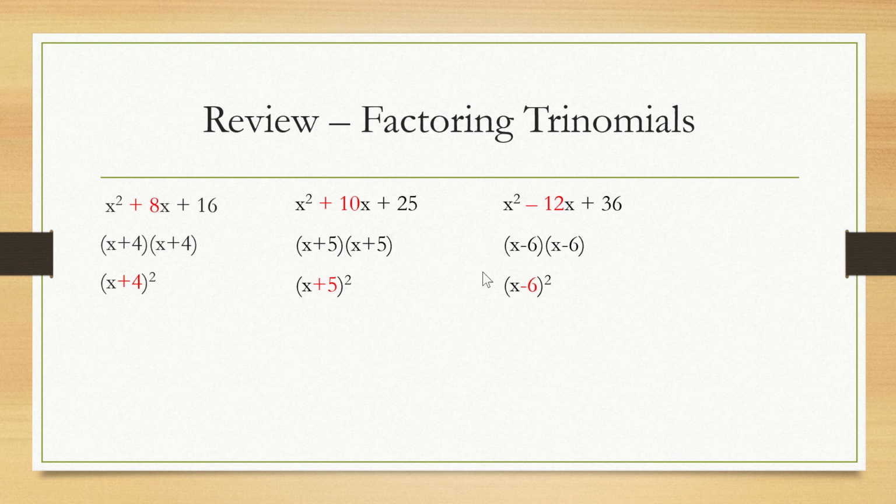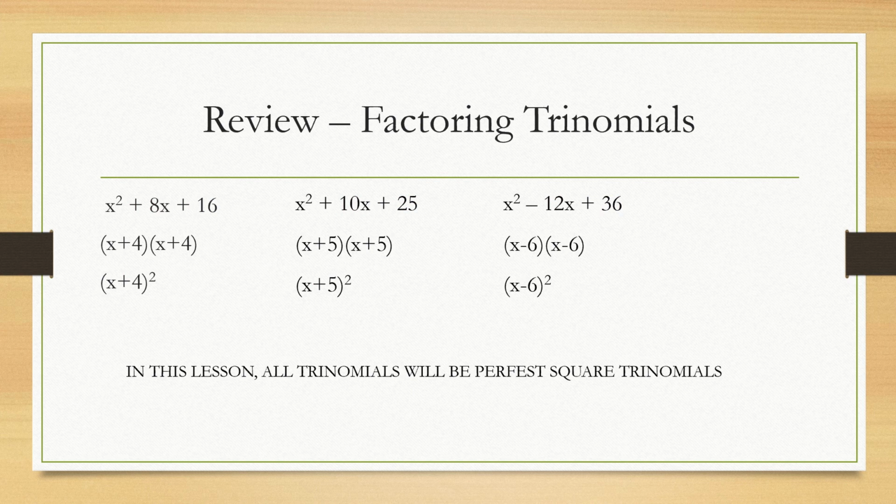So that's a way to get that. And if you square those bottom right numbers, you will get these purple numbers. So it works out, okay? So remember, in this lesson, all the trinomials will be perfect square trinomials. So when we get to this step, just realize that you can just take the middle term and divide it by 2 to get this term right here.